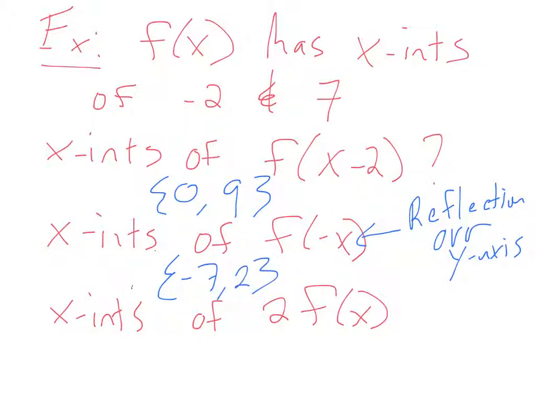And what happens if I multiply the entire thing by 2? That's a vertical expansion by 2, right? What values of x are going to make the function 0, the y value 0? So we have the function y is equal to 2f of x.